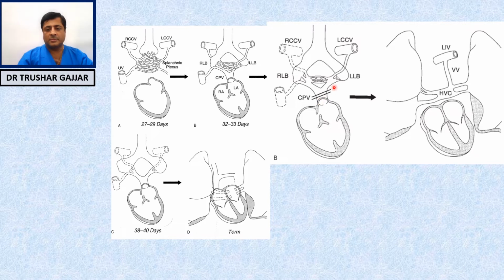So how are the pulmonary veins going to drain? You know that pulmonary veins are draining through the splanchnic plexus. This splanchnic plexus has communication with the left common cardinal vein, the right common cardinal vein, and the umbilical vein.